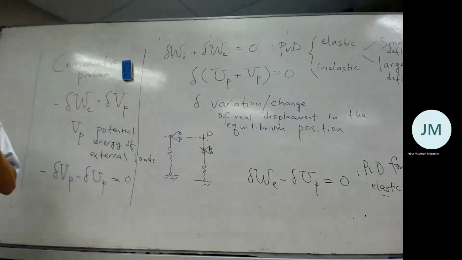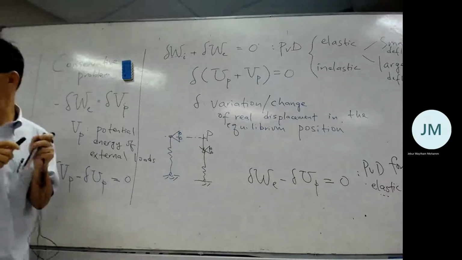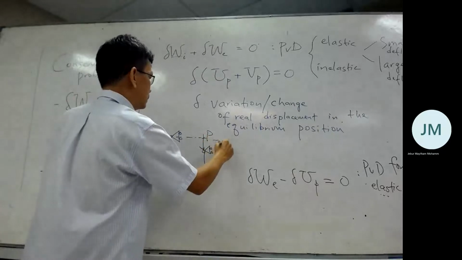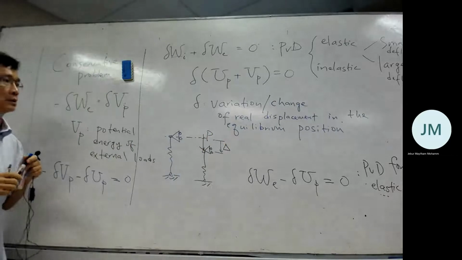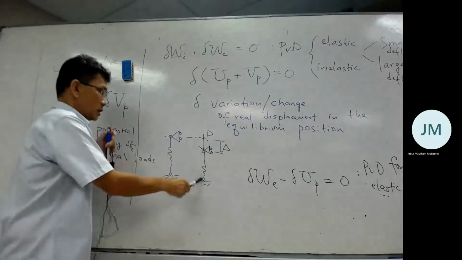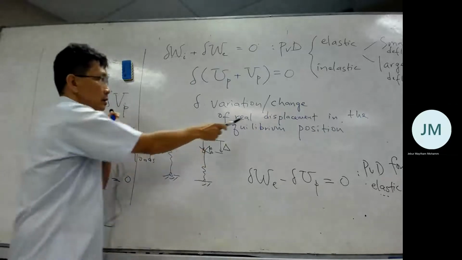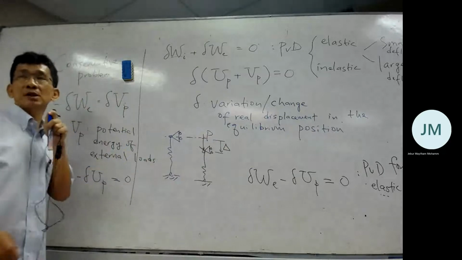If you give the spring a load here, then this spring will deform by delta. So this is the displacement that happened, delta, the real displacement in the equilibrium position.